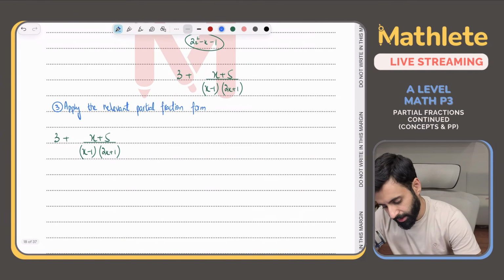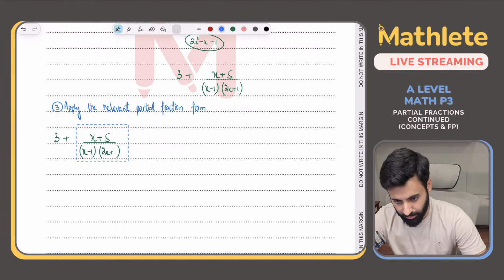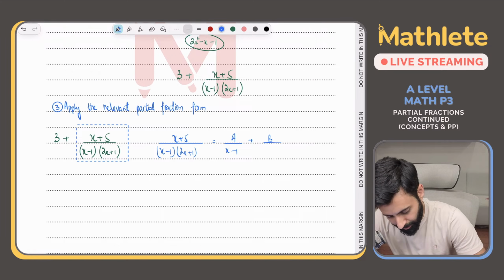So where do we apply the relevant partial fraction form? To this part. If I apply it to this part, that means x plus 5 over x minus 1 into 2x plus 1 is equal to a over x minus 1 plus b over 2x plus 1.